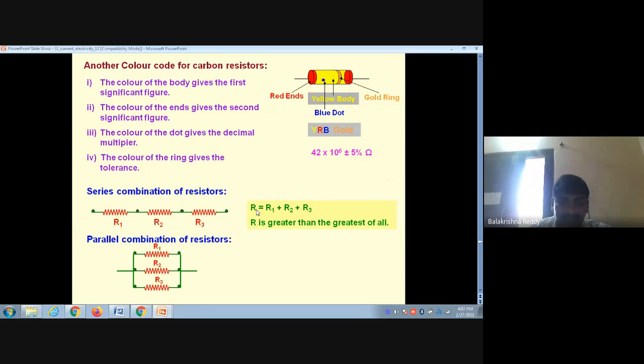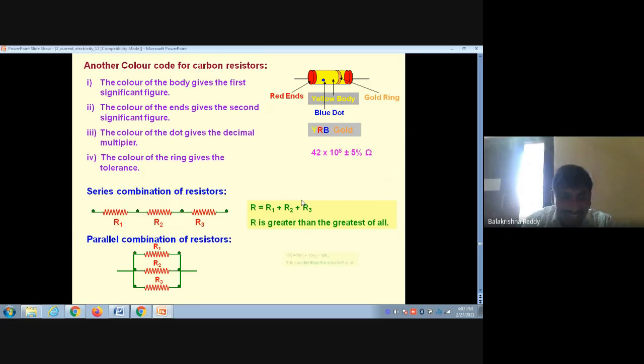Whatever the resistance you have in these three resistors, the greatest is 3 ohms. So the resultant you get in a series combination is always greater than the greatest resistance in the series. Are you getting my point?